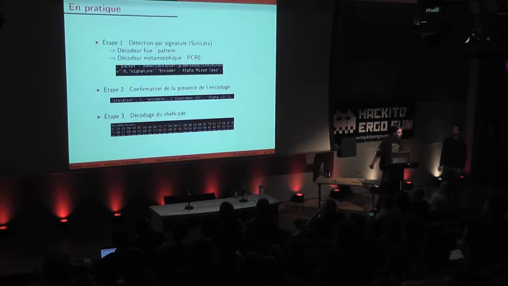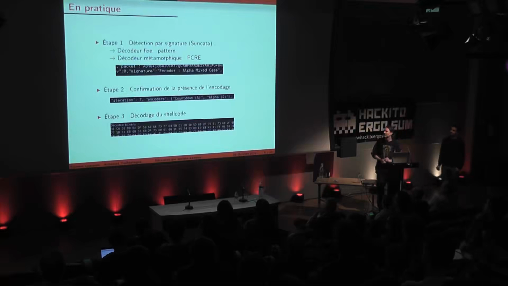We use signatures or PCRE arrays to filter the packets on the network, and then we extract the packets as a binary, and we send it to the analyzer, which will confirm the encoder and will decode the shellcode.